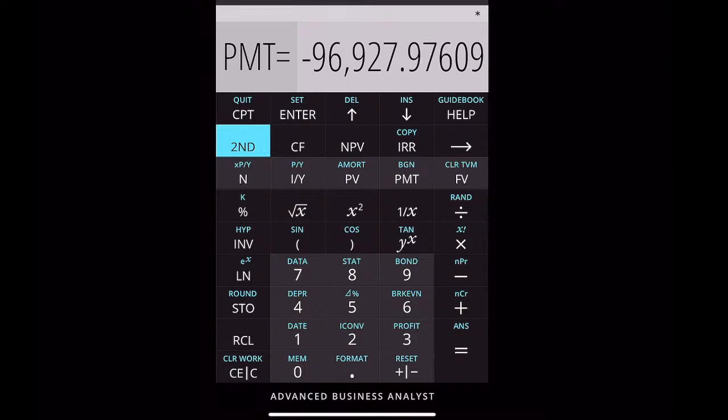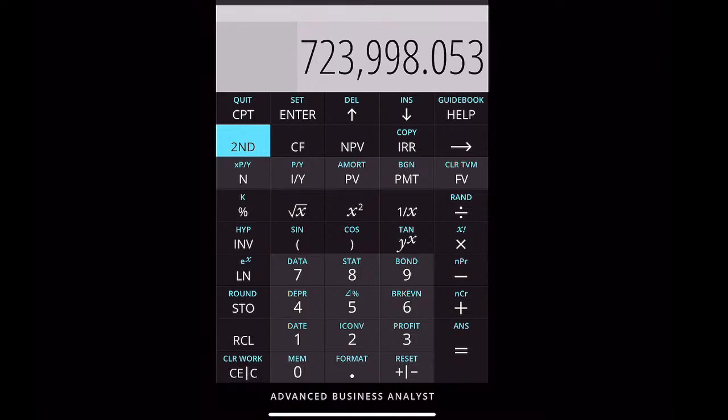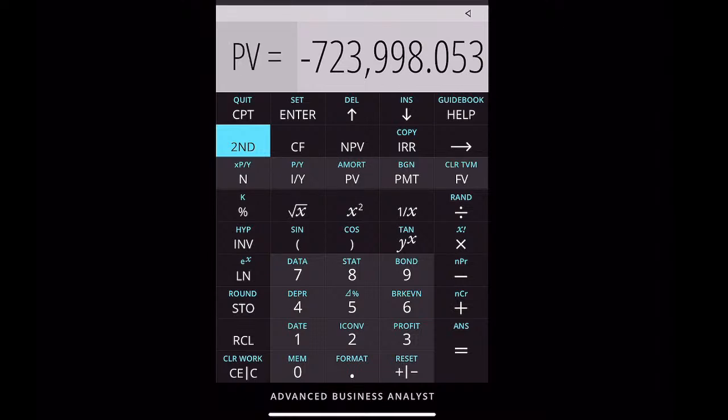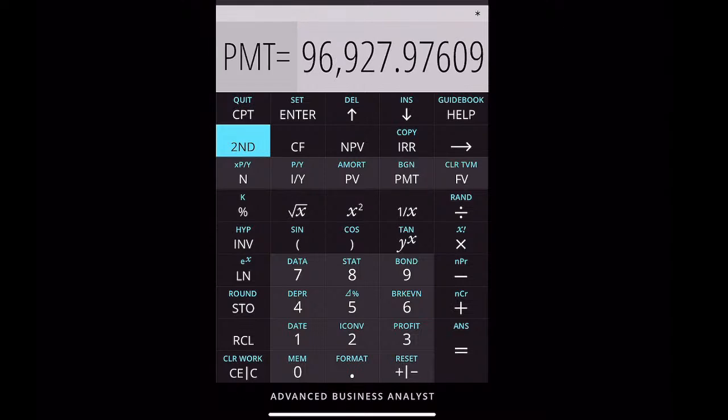If you enter in the PV, so if I recall 1 and put that in as a negative, as though I have had to deposit all of that into a fund, so we'll make that a negative, and then I compute the payment, it'll give me a positive.